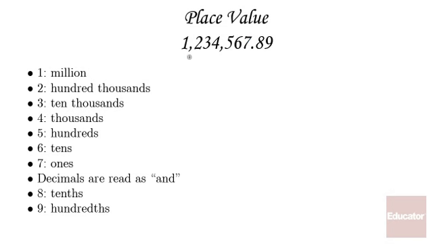When we have a decimal, let's look at this decimal right here. This is read 1,234,567 and 89 hundredths. So right here, after the second comma, since our first comma is right here, our second comma is million.